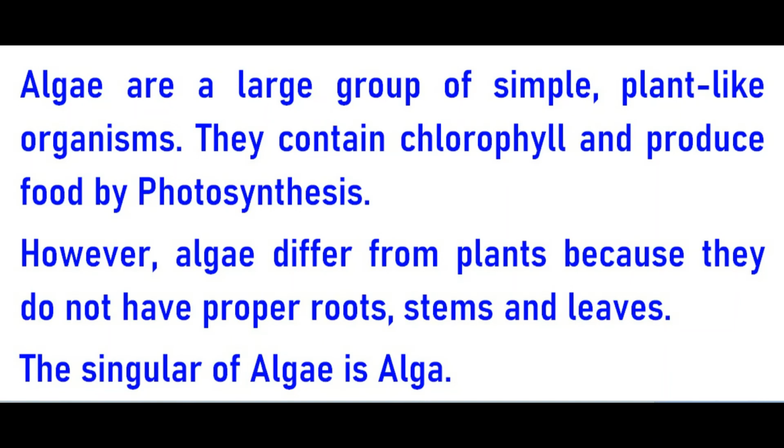However, algae are different from a fully grown plant because they do not have proper roots, stems, and leaves. Also, please note that algae is a plural word. The singular of algae is alga.